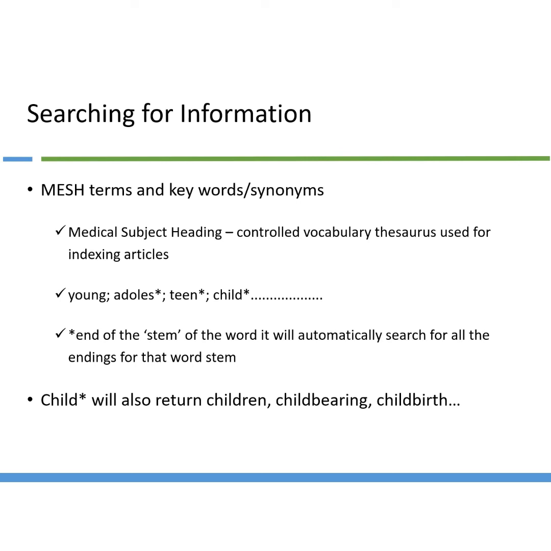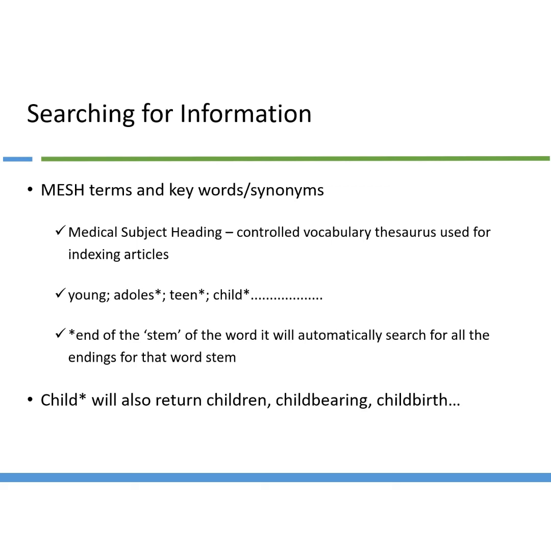You can use the Medical Subject Headings in Medline. For example, look at the second statement here, young adolescents. Instead of having adolescents with an S or adolescent, you can just say adolescent and then a star. A star here means any letter after the S will be included as a word.